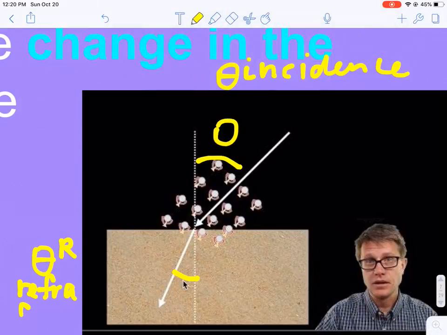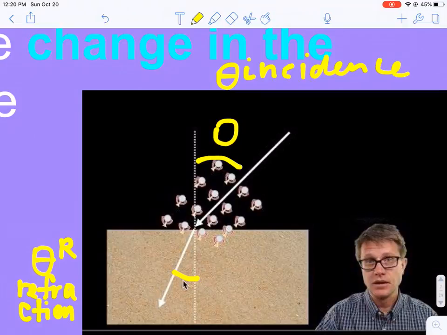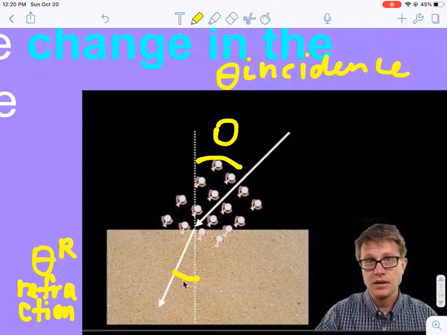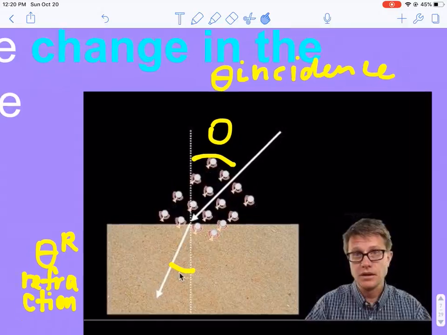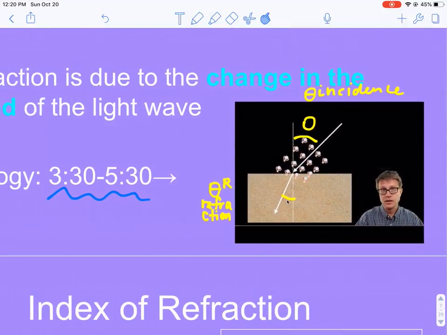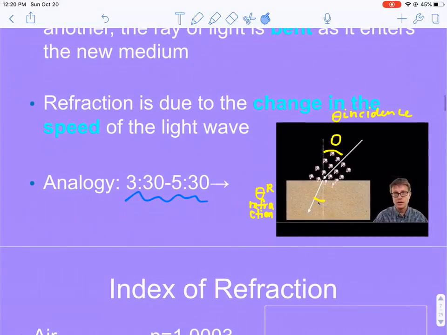Both of those angles are measured from the normal. And the normal is just a perpendicular line that goes between the two surfaces. So it just goes straight through the air into the sand. Again, as you do lab 1, you'll use this language.